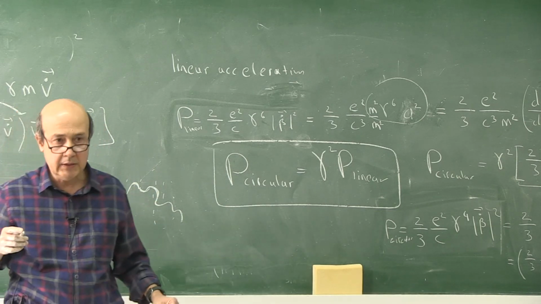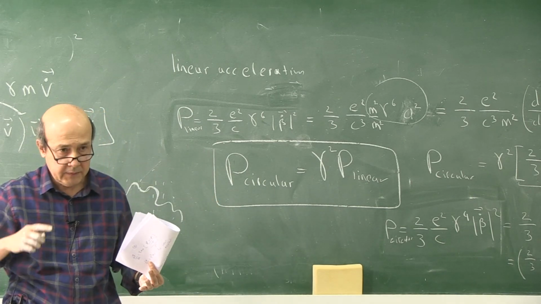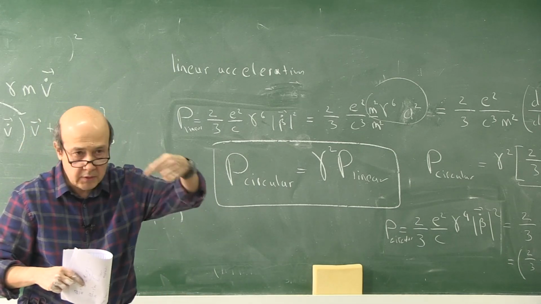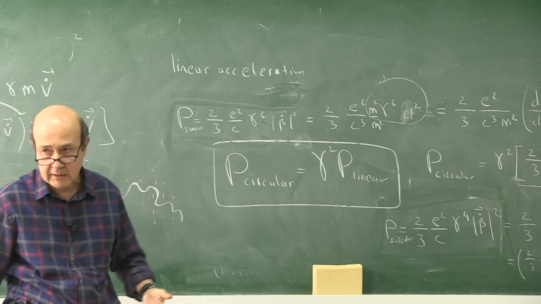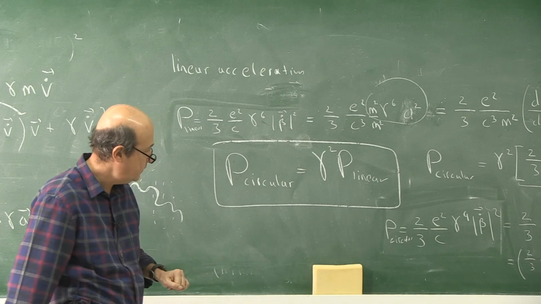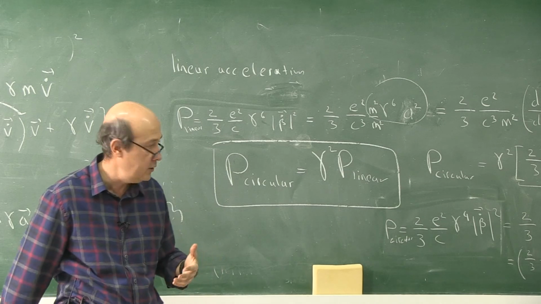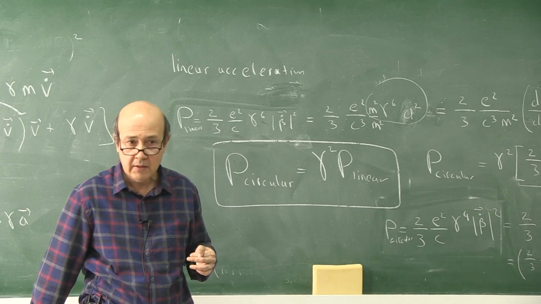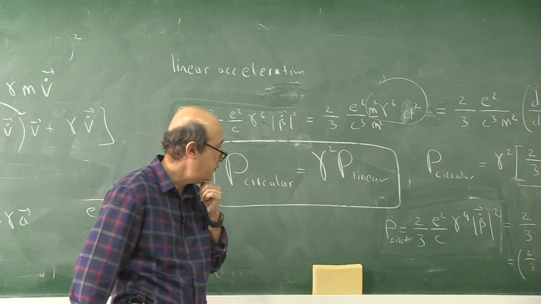In cyclotron radiation also, if you put the charged particle into a uniform magnetic field, it will gyrate, and most of the radiation is due to the circulation. The relativistic cyclotron is the relativistic definition of the cyclotron. So basically, this is an important result: the total emitted power in the circular acceleration is greater by a factor of gamma square relative to the linear acceleration. This is the conclusion of the lecture for today.